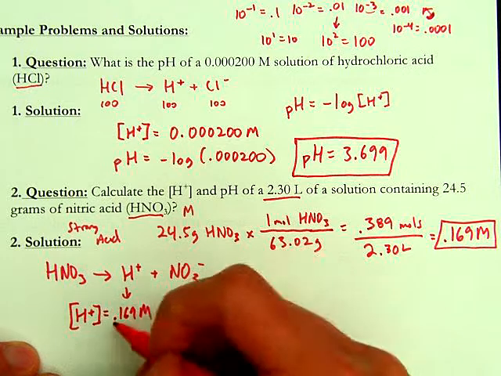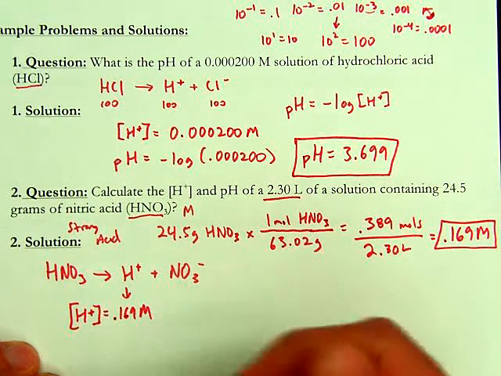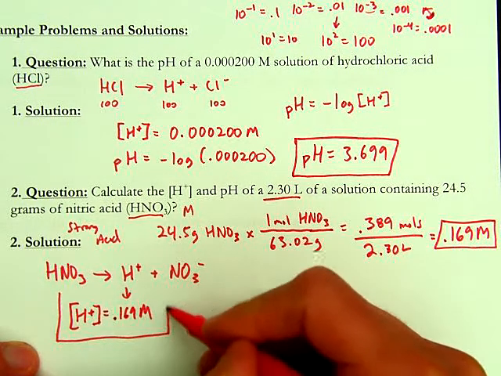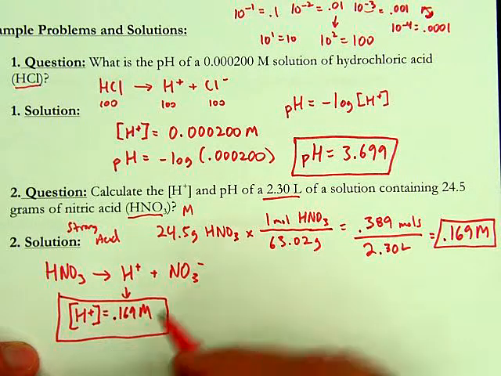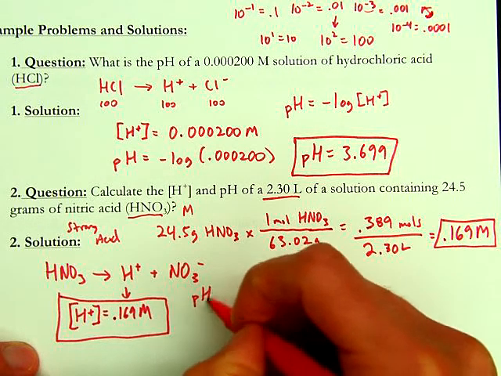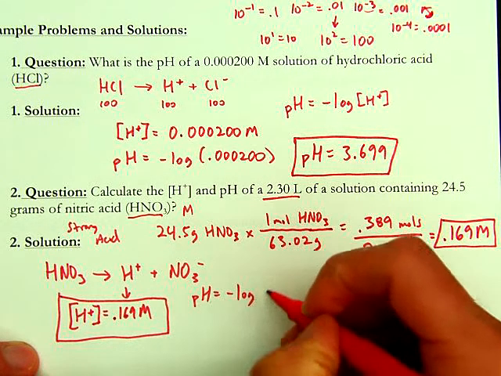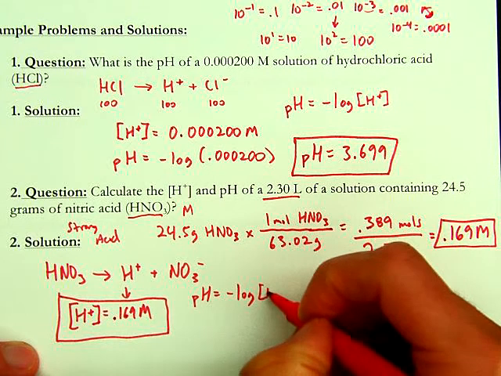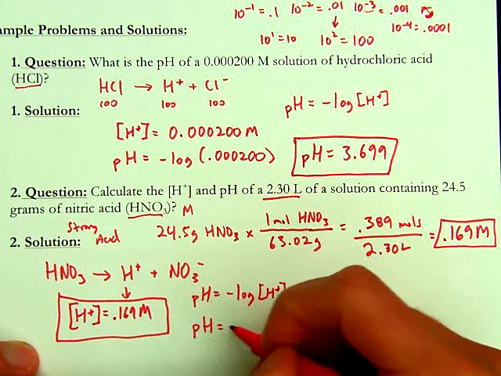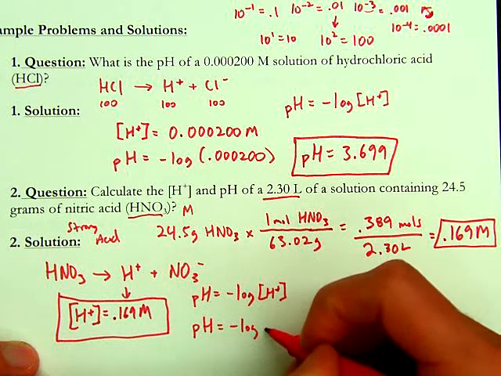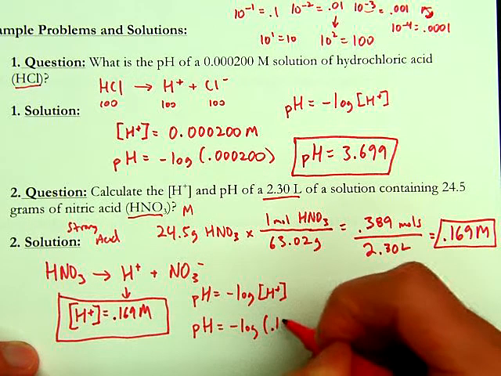Right. That's actually the answer to one of our questions. What is the hydrogen ion concentration? Now, just like we did in the last problem, if we know the hydrogen ion concentration, the pH is equal to the negative log of the concentration of hydrogen. So that means pH is equal to the negative log of 0.169.